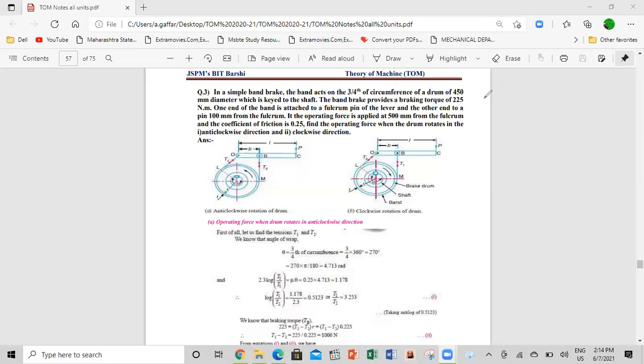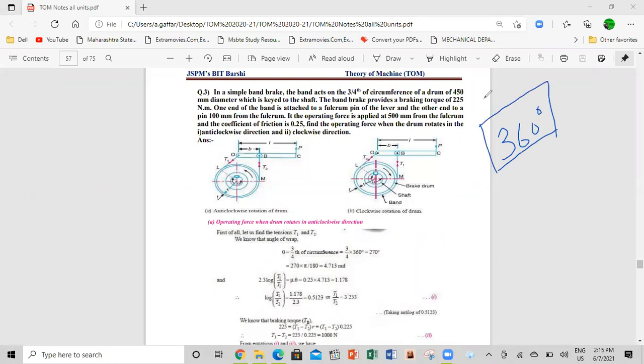In a simple band brake, the band acts on 3/4 of the circumference. The total rotation of the brake drum is 360 degrees, meaning the circumference is 360 degrees.